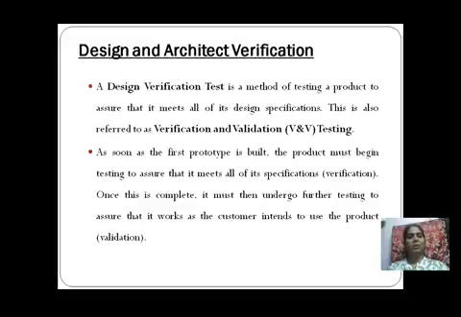So if the first prototype is built, then a product must begin testing to assure that it meets all its specifications. Now that specification is nothing but the requirement specification, the requirements that we have collected from the requirement analysis or the SRS which we have maintained in the first phase of the software development process.